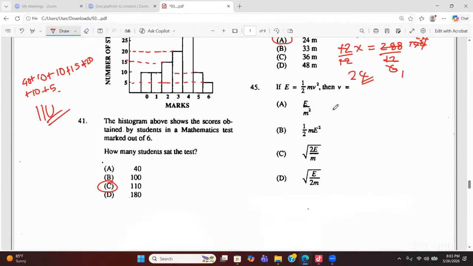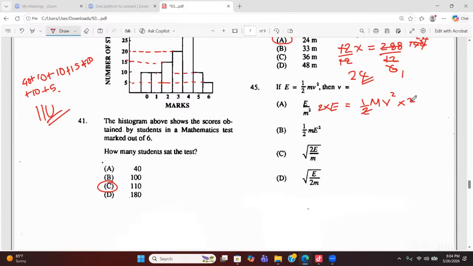Transpose. Remember now, you make V the subject. So we're going to write this. If E is equal to a half mv squared, this is a physics formula: mass times half, mass times velocity squared gives you energy. You're trying to find V. First, I'll multiply both sides by 2.